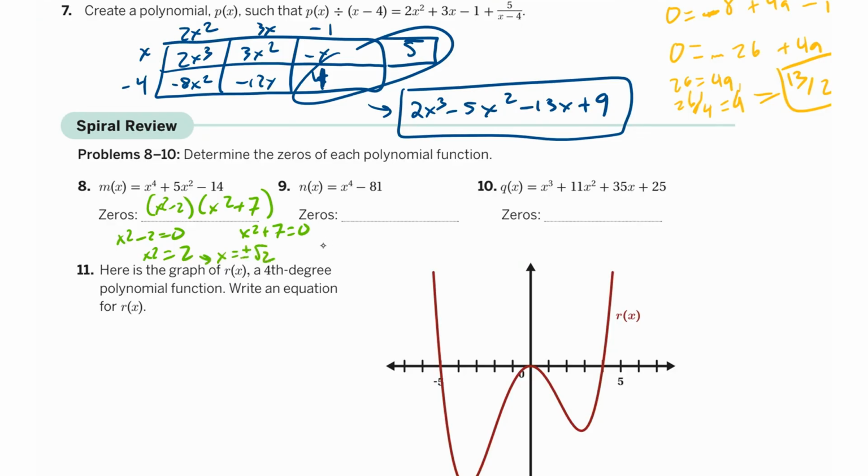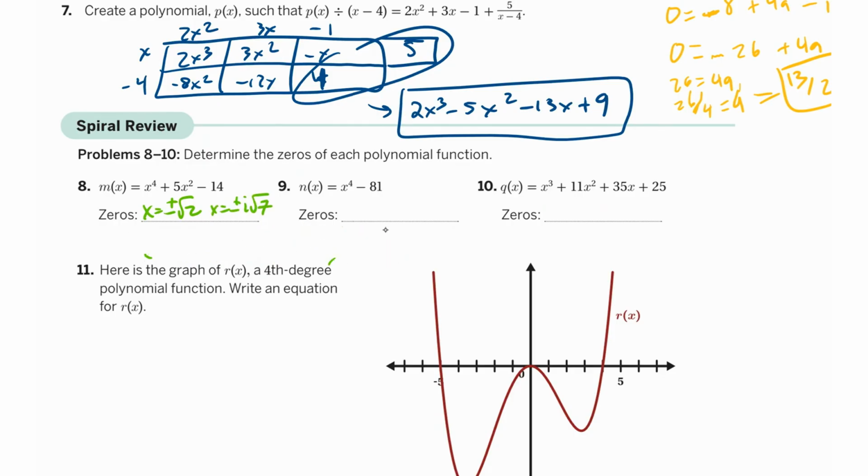This side, I subtract 7 from both sides, take the square root, x equals plus or minus i root 7. So some ugly answers here, but I guess I'll write them in the actual spot for my answers here. But I get plus or minus root 2 and plus or minus i root 7.